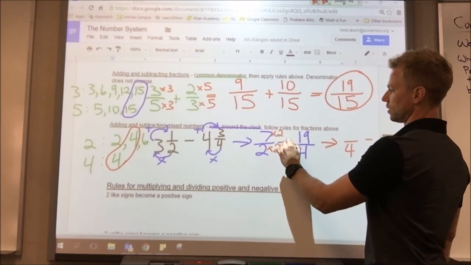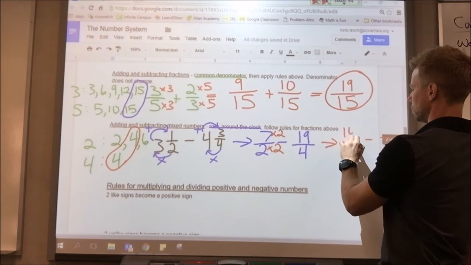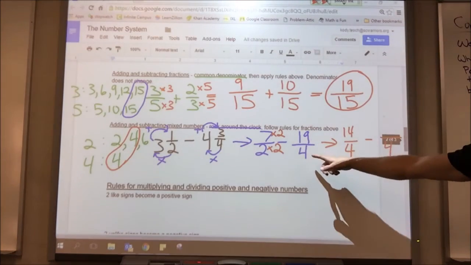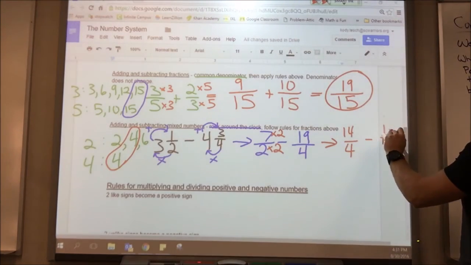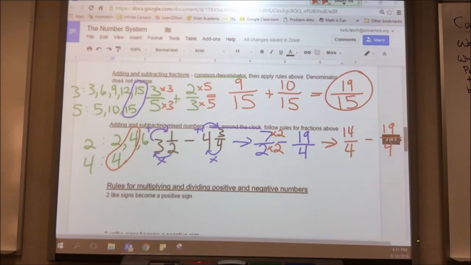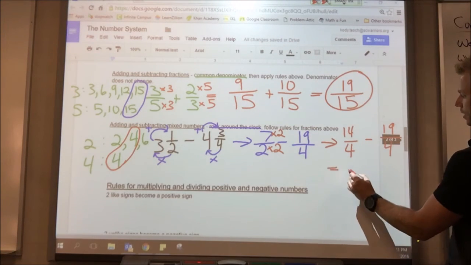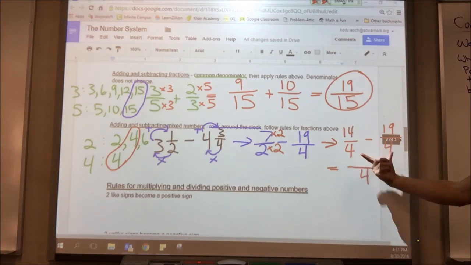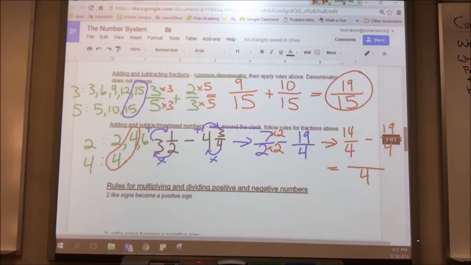So we're going to do 7 times 2, which is 14. And the second fraction already has a denominator of 4, so we actually don't have to change that one at all. It just stays 19 over 4. Again, when we add or subtract fractions, our denominator doesn't change, stays the same as the common denominator.